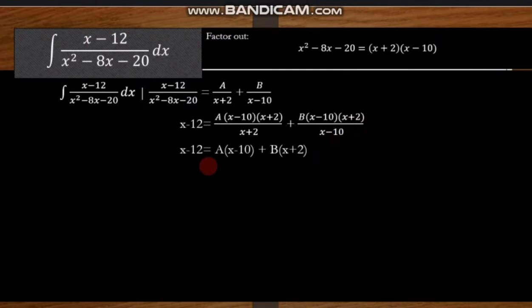So we have come up with x minus 12 equal to A times the quantity x minus 10, because we cancel this one. So the remaining is x minus 10. Same with this one, plus B times the quantity x plus 2 because we cancel x minus 10.